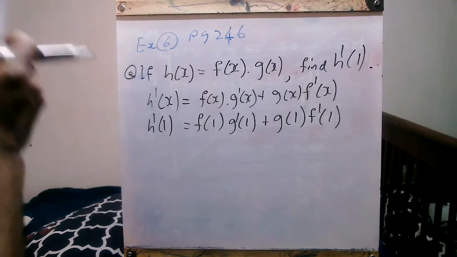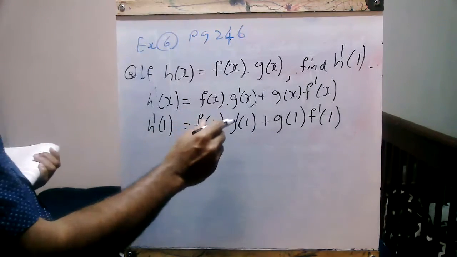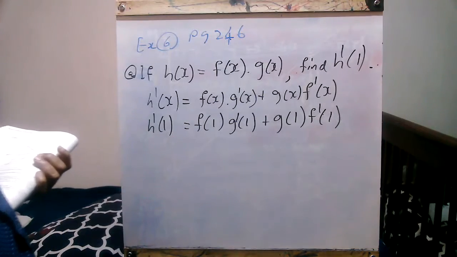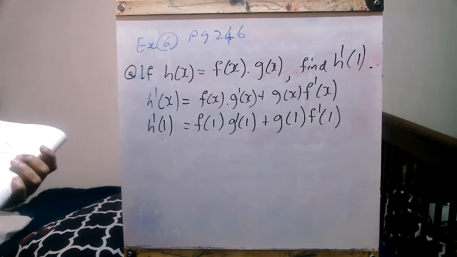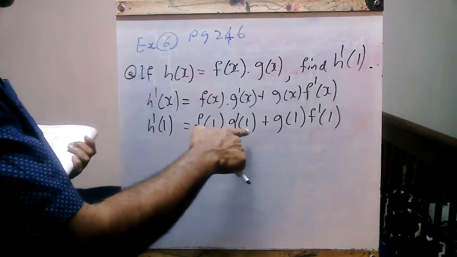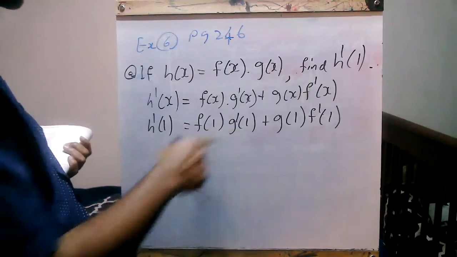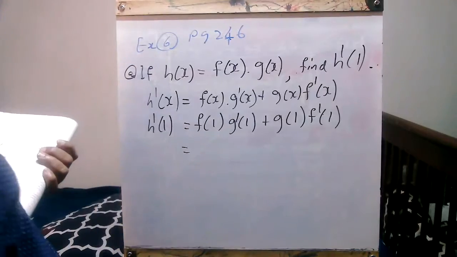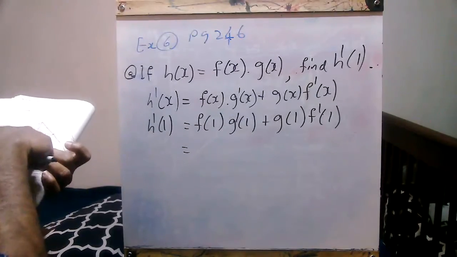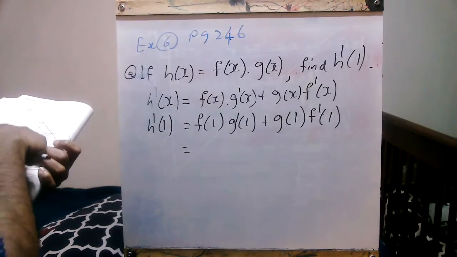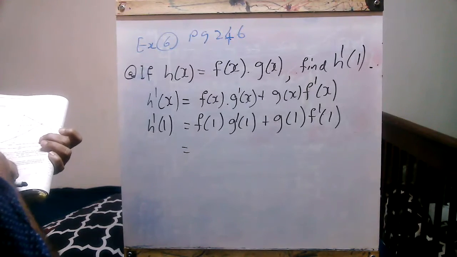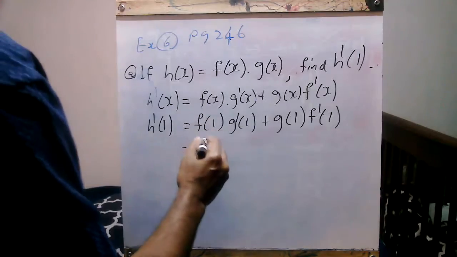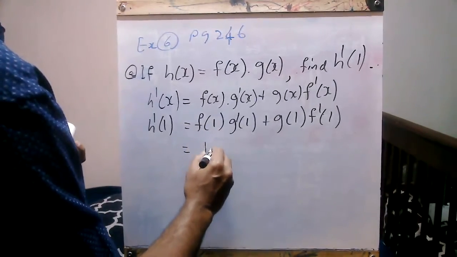Derivative means what? We discussed that g dash at 1 is the same as the slope of g at 1, right? That's what it means. Okay, let's see. F of 1 means, it gives you two graphs, when x equals 1. f(1) is 1. I'm taking this value from the graph.